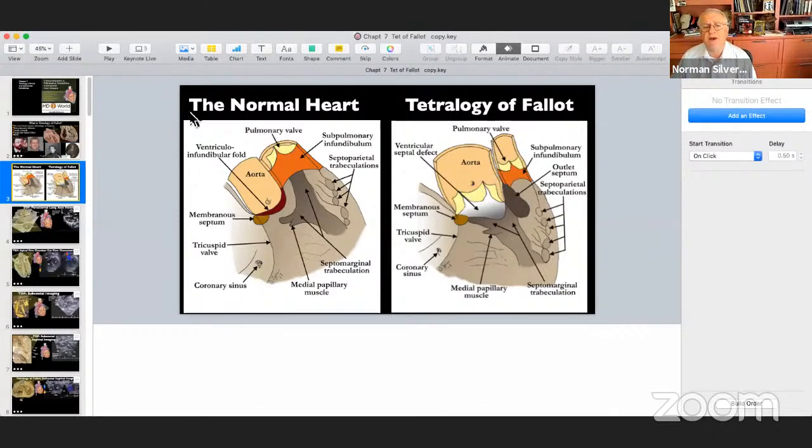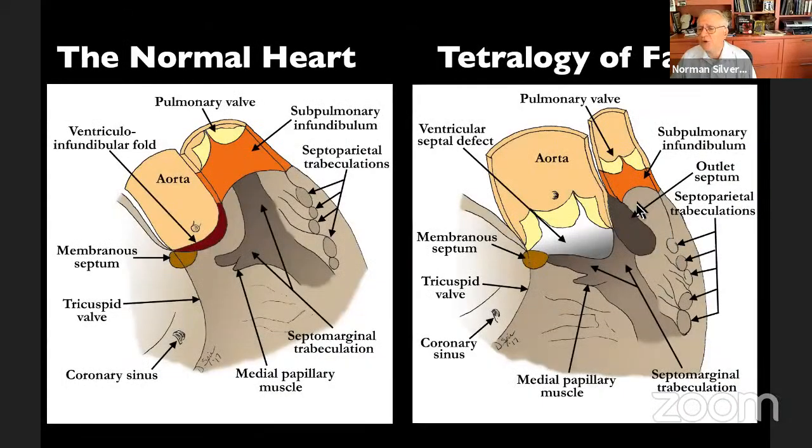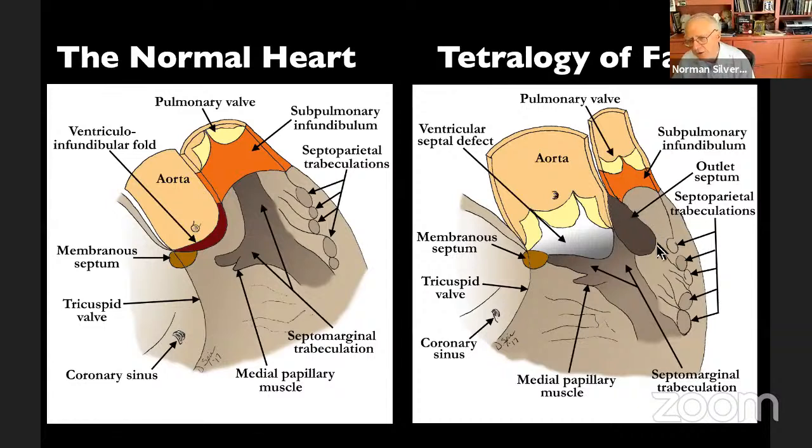You're still seeing my picture? Yes, yes. Okay, well, here's what this is called. We don't call it the conal septum, but there it is. This is the conal or the infundibular septum or the outlet septum. And it probably is of conus origin.